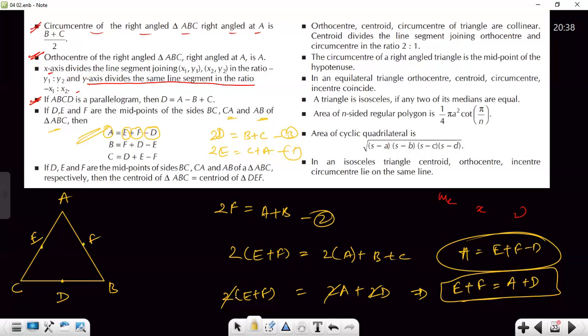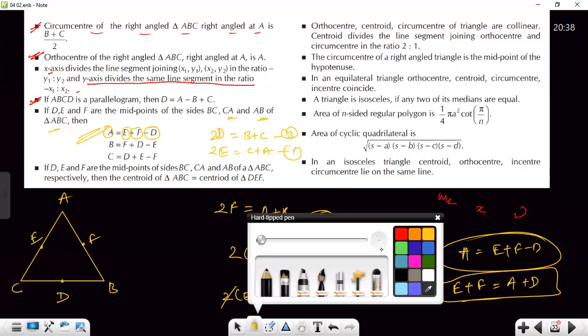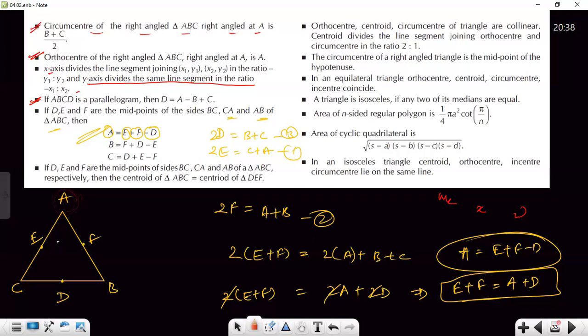Now, what it is trying to say is that A can be written as the sum of E and F minus D. So it's easy to learn the formula from this diagram because it's logical here that E and F are close. So it's sum minus the D. Same pattern follows for C also: the sum of E and D minus F.